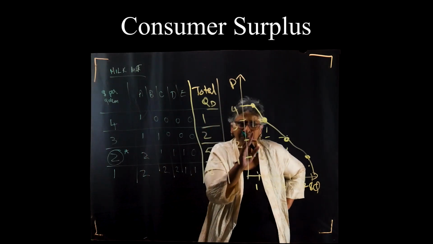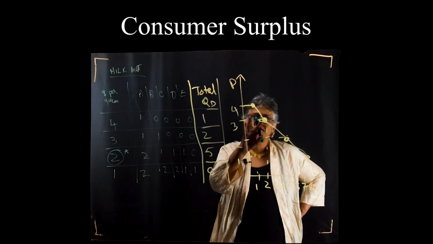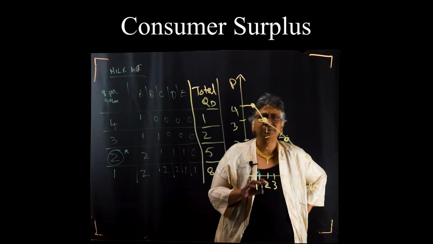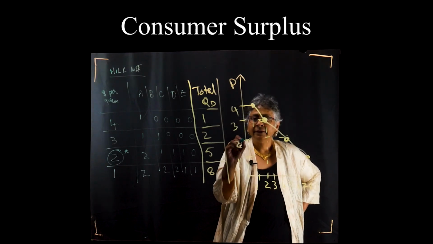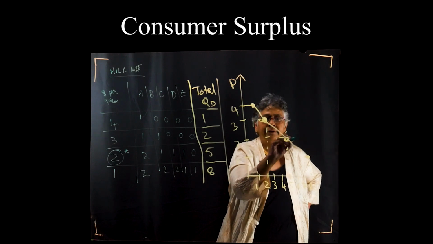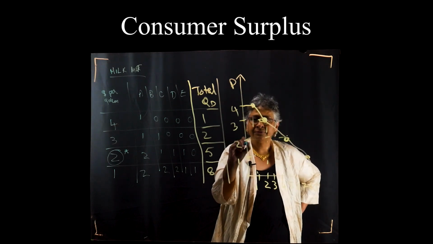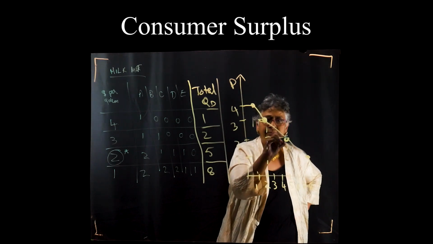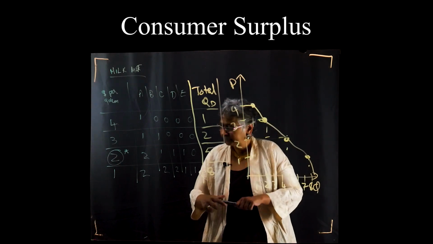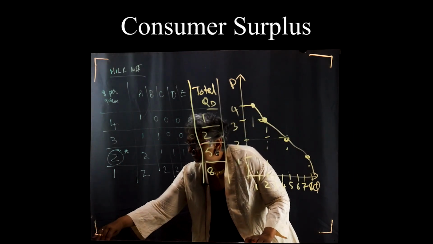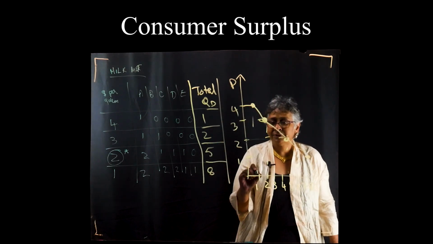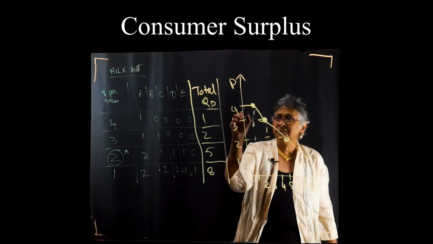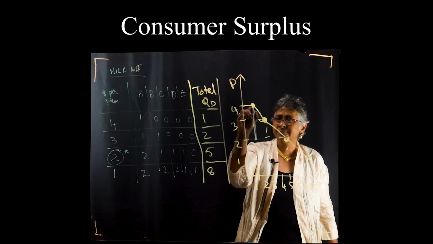Now I'm going to shift to this graph and I'm just going to show the same idea to you graphically. Here is your price of $2. But for the first unit, you would have paid $4.